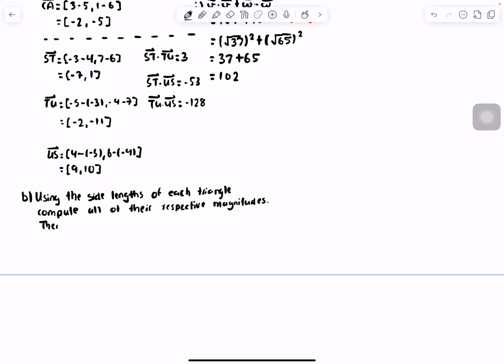Then check if the Pythagorean theorem holds for the specific triangle.